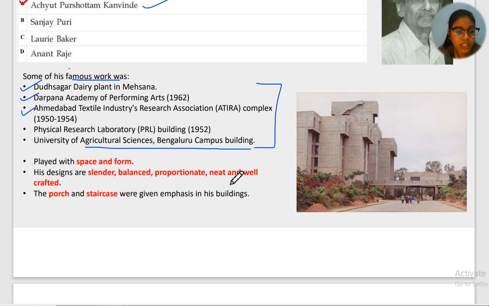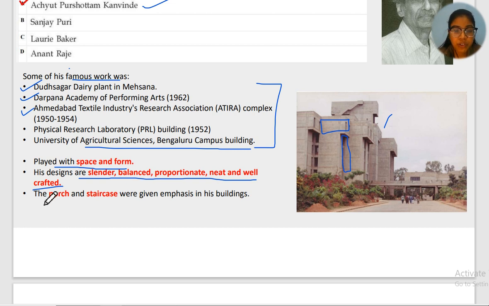Now coming to the architectural style he used to follow. He used to play with space and form. His designs are clean, balanced, proportionate, neat and well crafted. As you can see in the image, how he created mass and void, and how he played to create volume. The design is balanced, proportionate, neat and has a well-made facade.